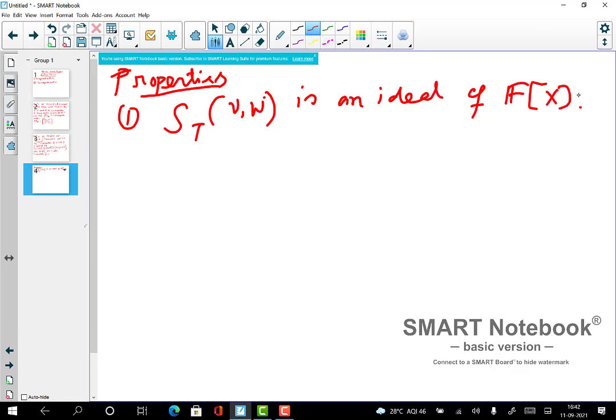Before that, we note that whenever W is T invariant, then for whatever polynomial in T you choose, W will be invariant under the same polynomial.